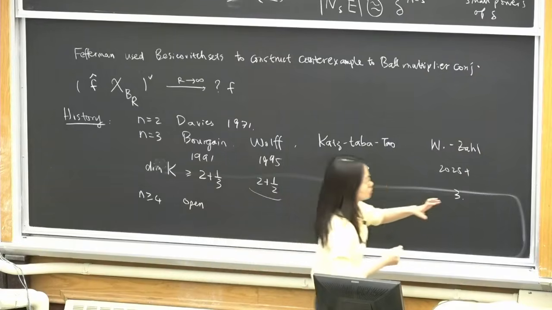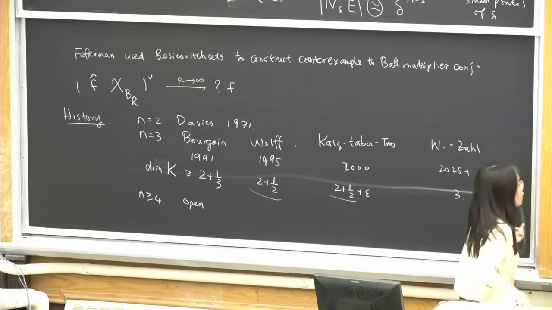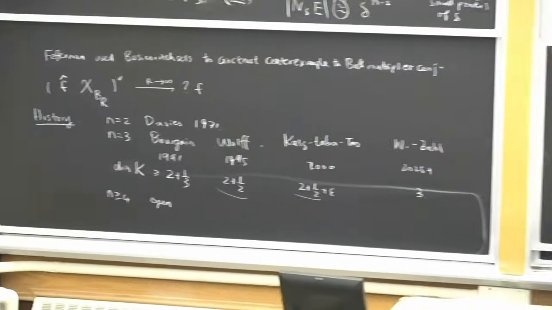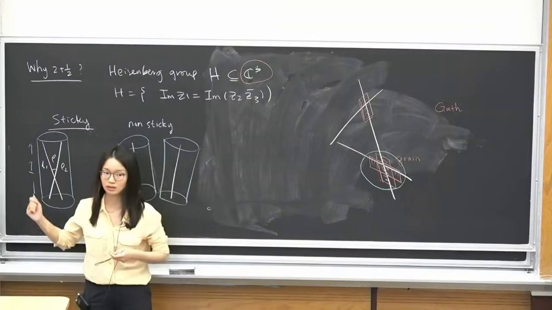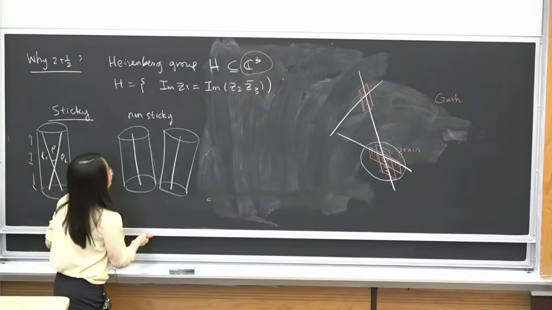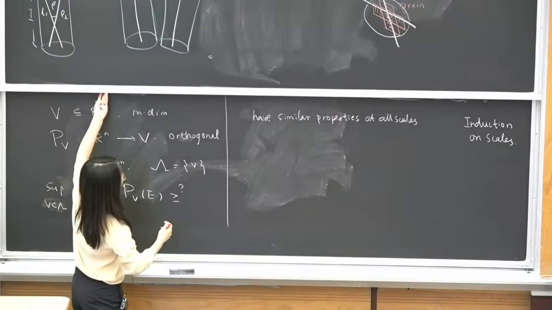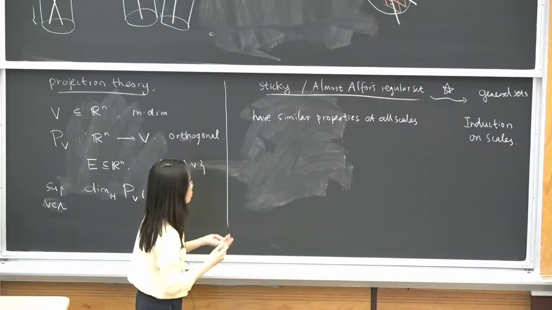So it turns out that at least the way we distinguish the Heisenberg group and the Kakeya set is to exploit that the Heisenberg group lies in C3, but the Kakeya set has to lie in Rn. And to distinguish this, we use Bourgain's sum product.